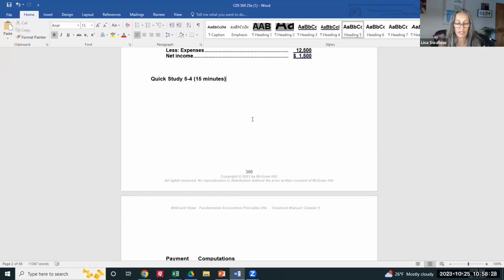So in this problem, QS5-4, I'm buying inventory, and I've negotiated with the person I'm purchasing it from, called my vendor, that if I paid within a discount period, then I get a discount off of full price. So let's look at A. It says that I bought $5,000 worth of merchandise, and the terms were 2/10 net 60.